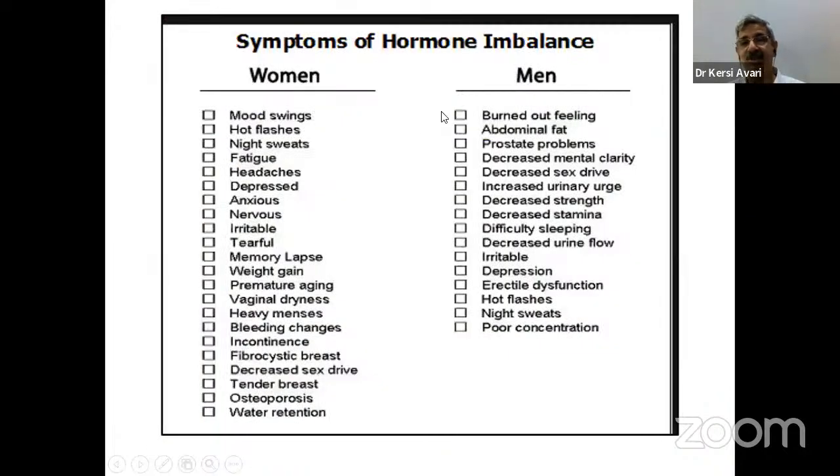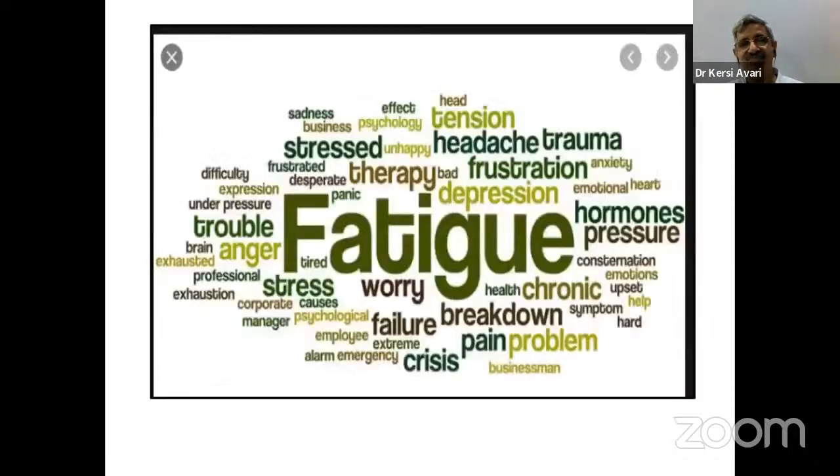Now, these are the symptoms. Multiple symptoms, huge. The same in the case of men. Multiple effects: fatigue, stress, irritable behavior, irritation, pain, hair loss, bone loss, stress, exhaustion.